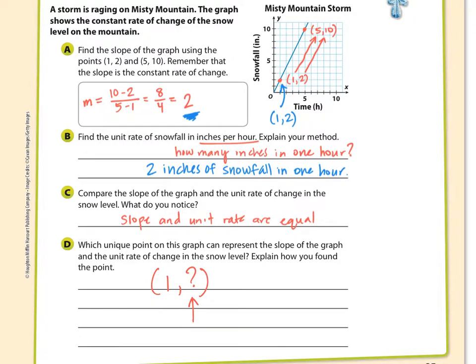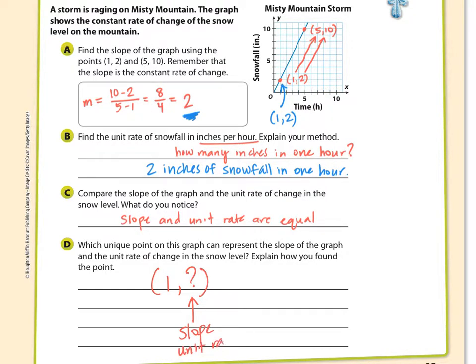So in this case, 1 hour, right? The x-axis represents hours. The 1 is going to mean 1 hour, and it's the same thing as saying per hour. So this unique point is going to tell us what that slope is. The slope is going to be right here, or the unit rate, same thing.